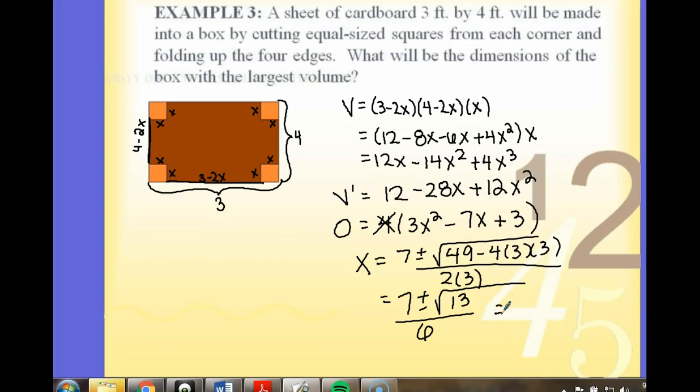Root of 4, 6. 1.76. I said 1.71, and that was based on a whole year ago. Just kind of know my answers. Okay. So that value, because the other one is going to be negative, would give you your answer.